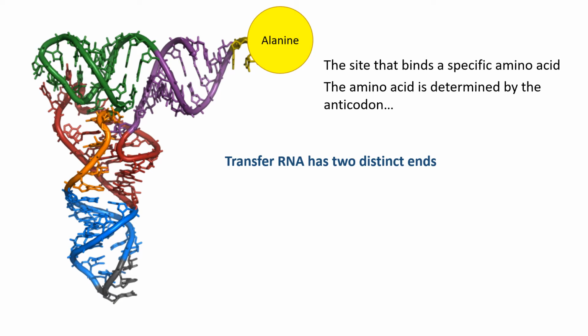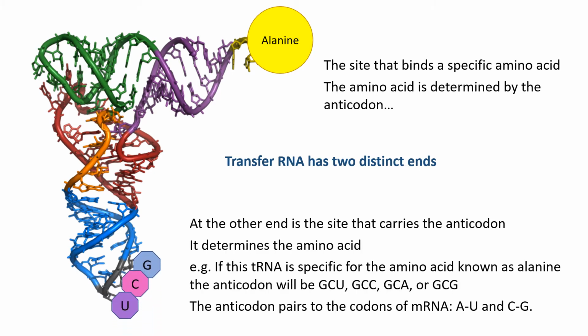The amino acid that binds at that end is determined by the anticodon on the other end. So at the other end, we have an anticodon. So these are nucleobases again, but they are the ones that will pair to the codons on messenger RNA.